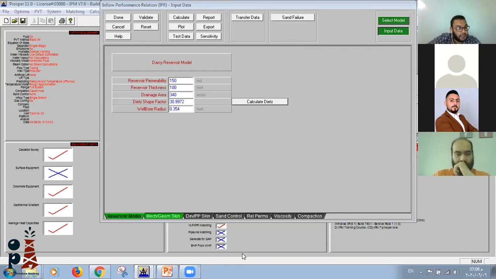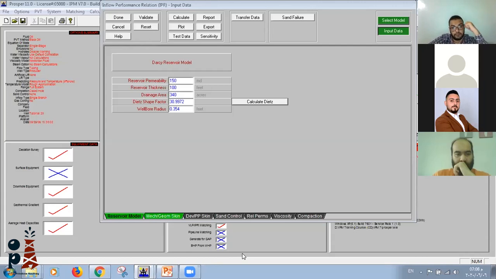Okay. Azam Aziz is asking, why in the IPR and VLP curves is the intersecting point the optimum parameter? What do you mean by optimum parameter? It's not the optimum parameter. You can make it the optimum, but the point is, as we said, from nodal analysis you have the same inflow and the same outflow. At a certain point, it must have the same pressure and the same rate.